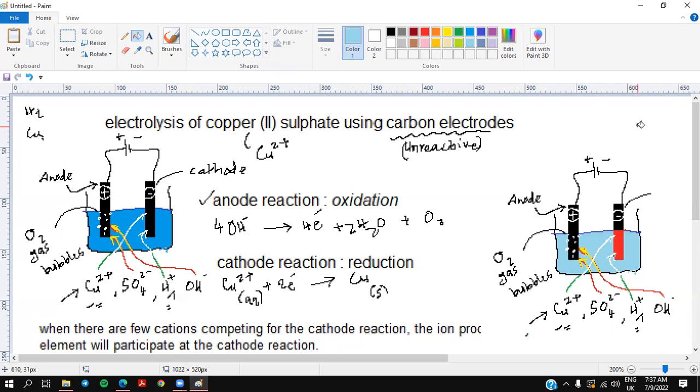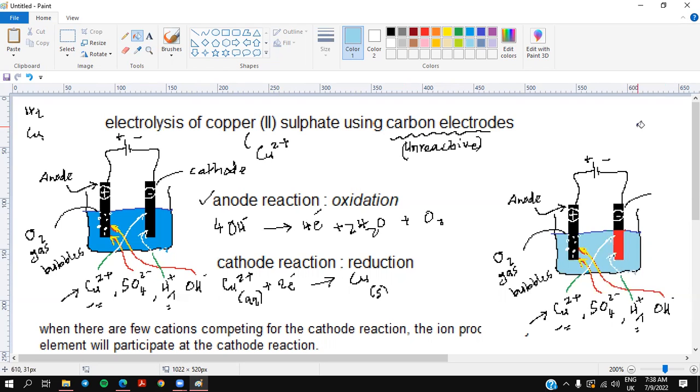So if the question asks what are the changes happening in the electrolyte, or what are the observations, we can say: at the anode, first observation, gas bubble formation. On the cathode, a substance deposits on the electrode below the solution level.